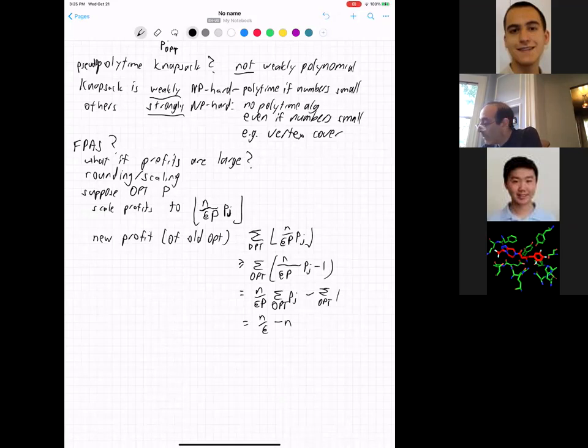It's only a small piece of n over epsilon. Now, I've just looked at the new profit of the old opt. But that means that the new optimum might be a different set, but its value is going to be at least this quantity because there is a solution whose value is this large.